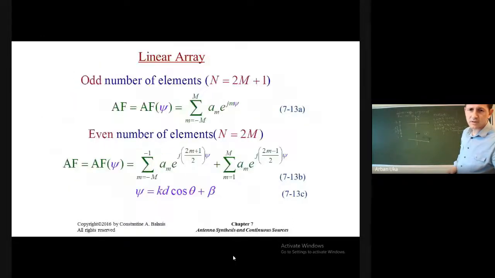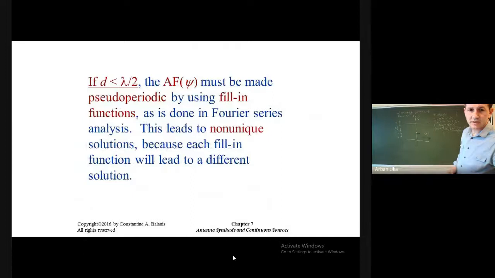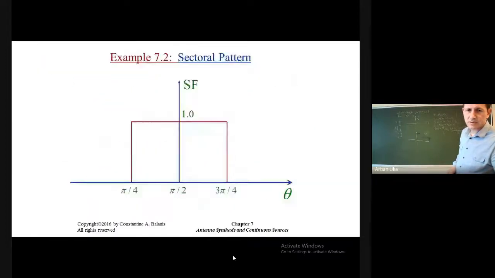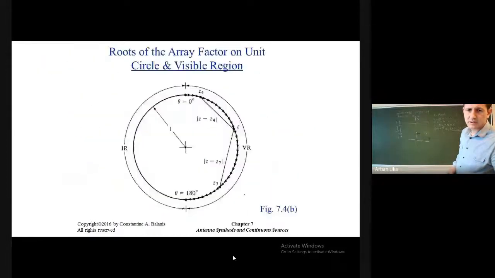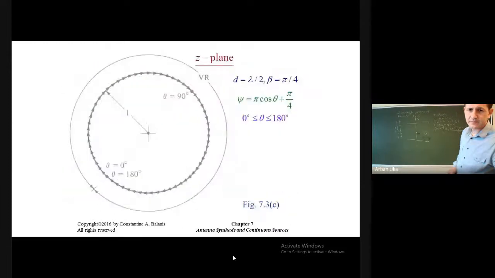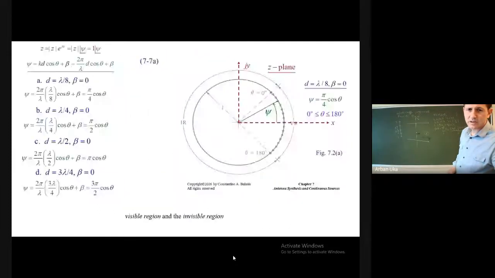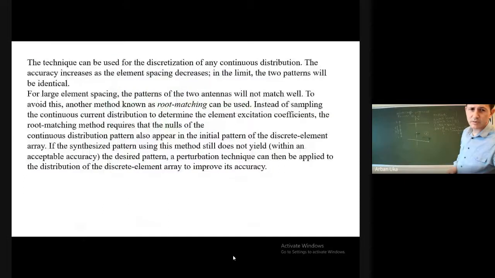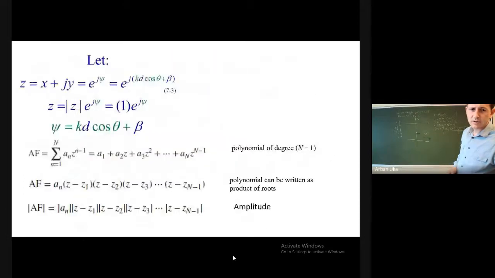When we do the polynomial analysis, we are going to express this as a function of z, and this is a polynomial of degree n minus 1.